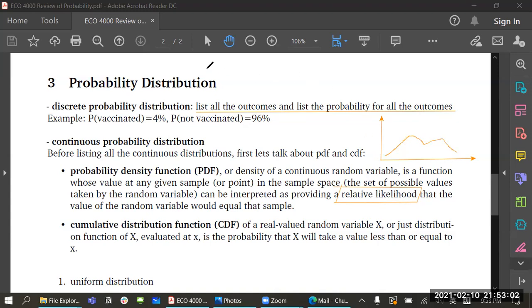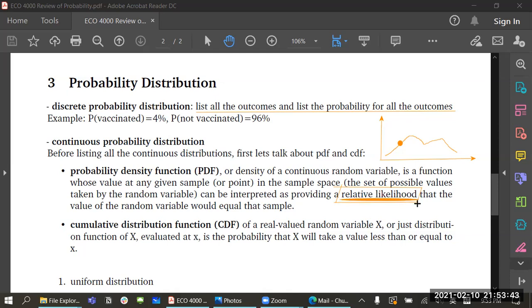Okay, so what happens for PDF is that any value over here doesn't represent the probability, because remember I said that the probability of x equal to any specific value is 0, because you cannot exactly equal that value. So then what does it mean? It means a relative likelihood.